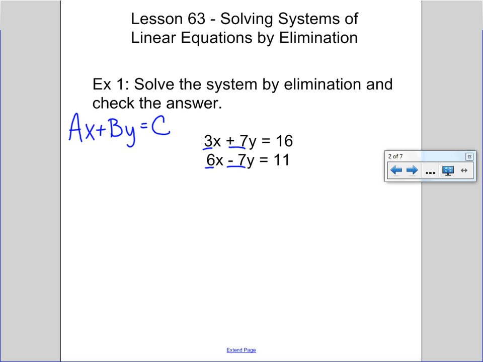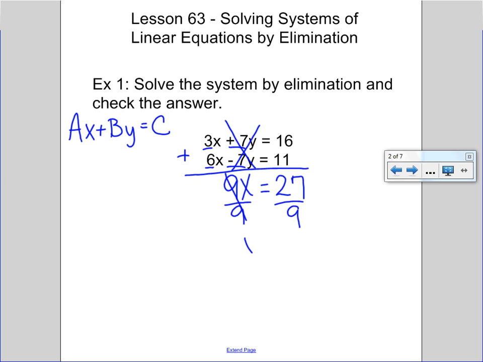So what we're going to do is just add these equations the way that they are. I have 16 plus 11, which gives me 27. On the other side, 7y minus 7y will cancel out. Then I have 3x plus 6x, which is 9x. To get x by itself, I'm going to divide by 9 on each side.